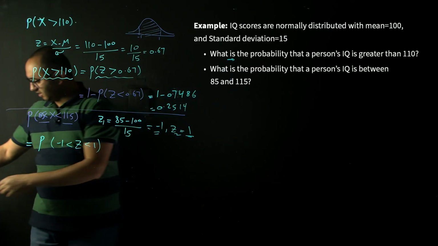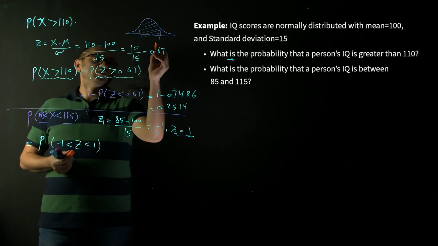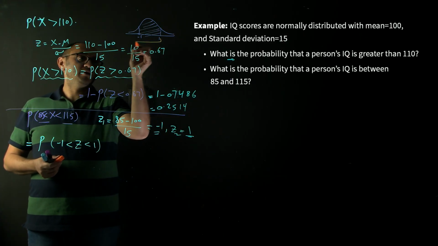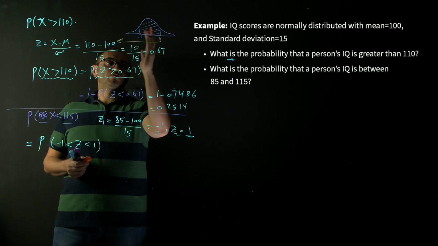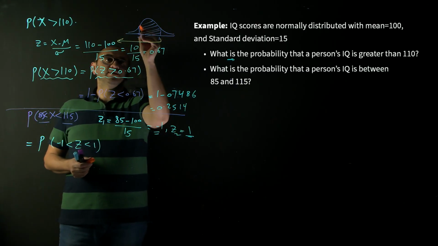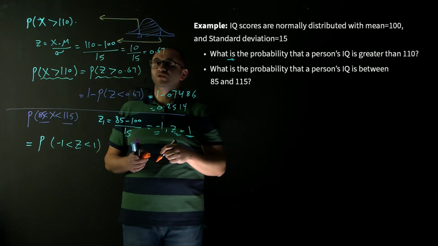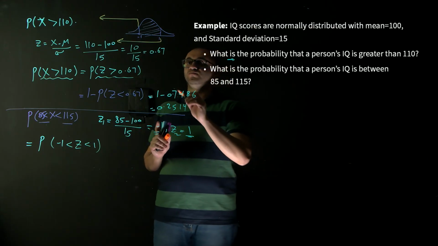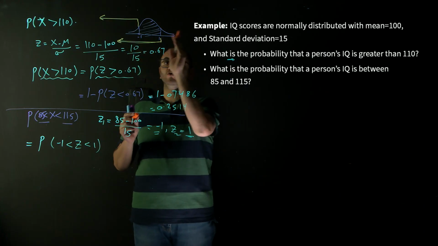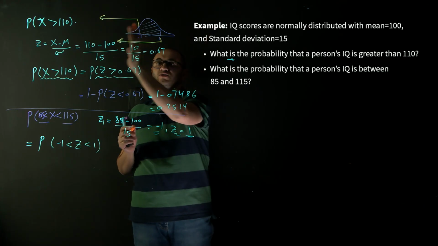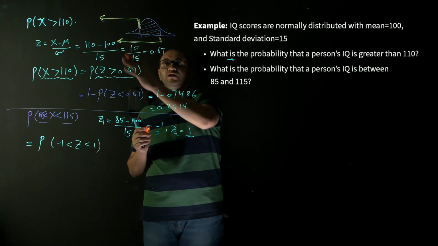Right? Now, this probability is equivalent to the following: the entire area, or the entire probability, below 1 minus the area below negative 1. So again, the area in the middle is the area below 1 because it gives you all of the probability below 1, take away the probability below negative 1.